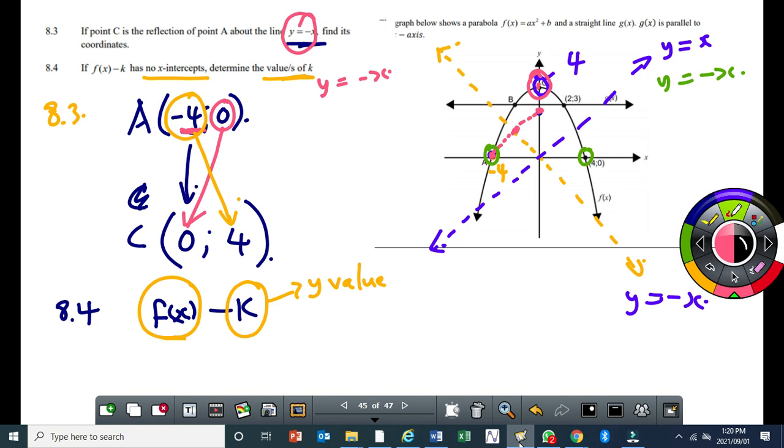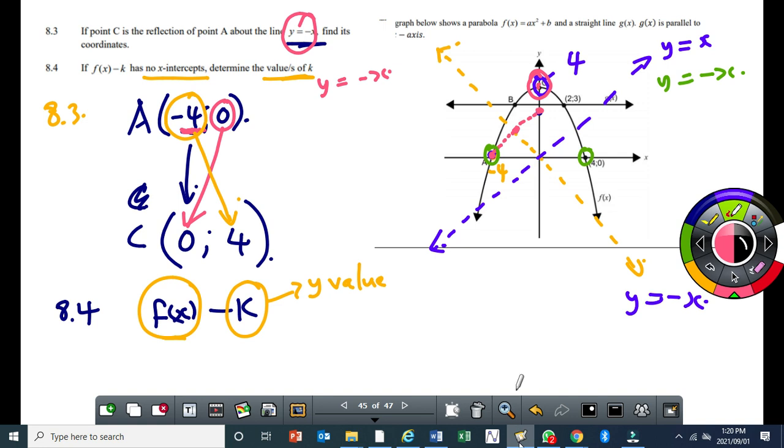The question is, by how many units can we move the graph of f of x so that we won't have any x-intercept? That's what the question is asking. It actually relates to vertical shift for you to be able to get the value of k.